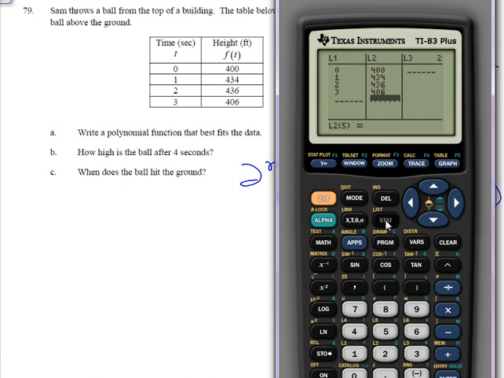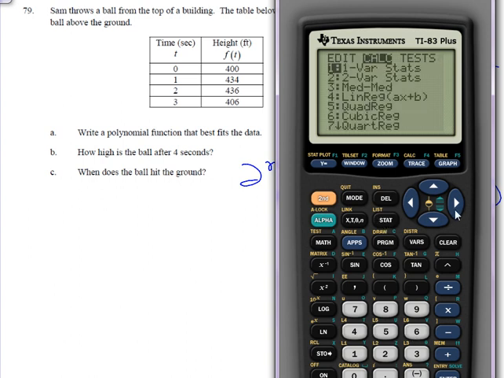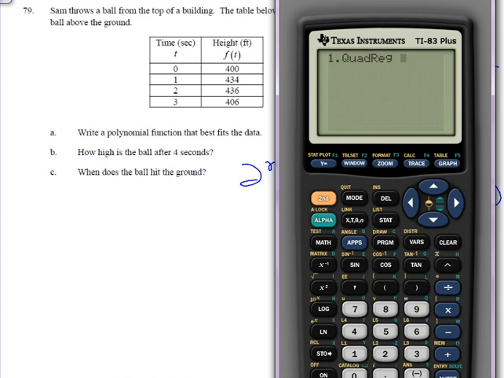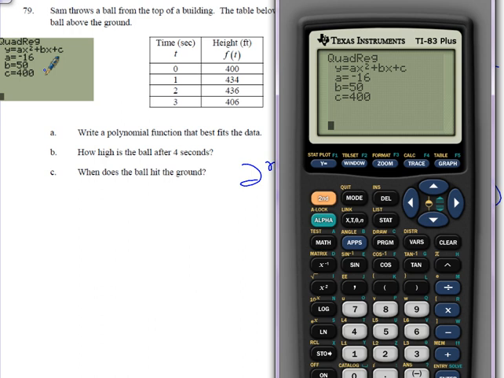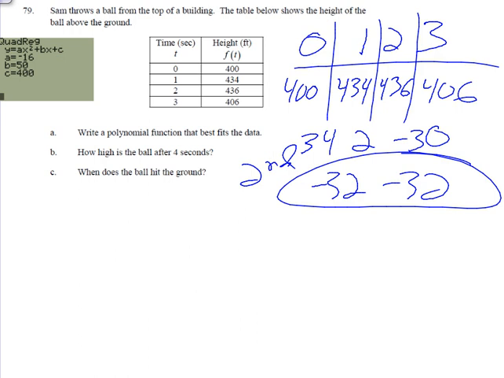And then I know it's a quadratic now, so I'm going to go to Stat, Calc, and select Quadratic Regression. Hit Enter. Whoops, that 1 should not be there. So Stat, Calc, Quad Reg, and here we get my function. So that would be y equals negative 16x squared plus 50x plus 400.